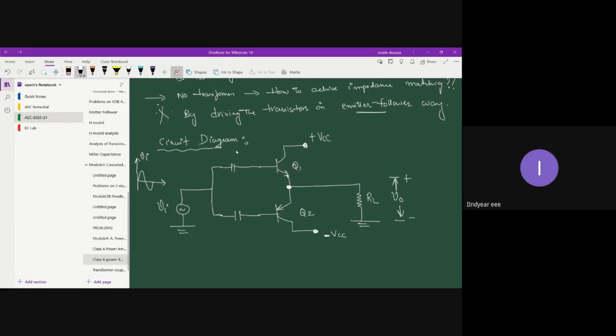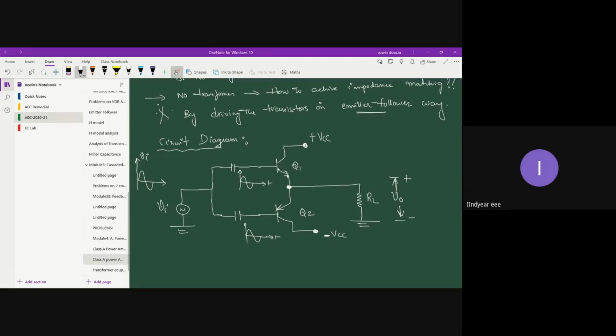Similarly, the input applied to the base of the second transistor will also be the same, because no phase splitting transformer is used. So identical input is fed to the first transistor base as well as the second transistor base. But how does the operation take place?